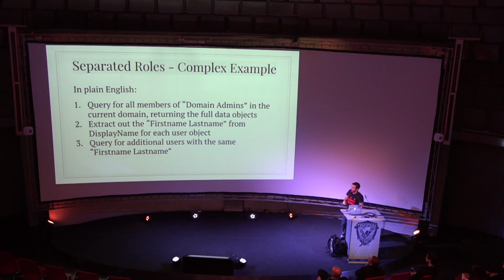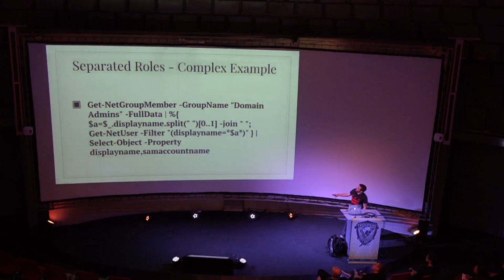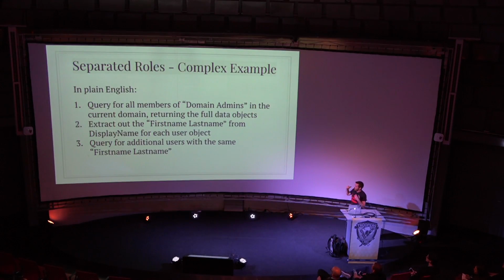What this is actually doing behind the scenes, in plain English, is getting all the members of domain admins in the particular domain and returning the full, complete data objects for it. That's what that full data is specifying. Then for each object that it gets, it's going to pull out the first name and last name from the display name field in the returned Active Directory objects.